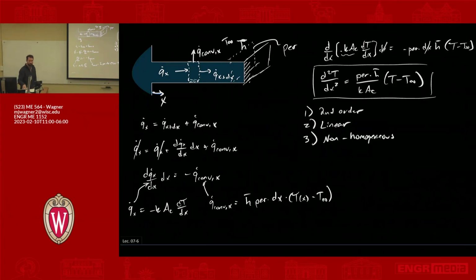All right, so the way that we're going to solve this is by breaking up the temperature into two parts. We're going to make this assumption, and you'll kind of see where this goes. I'm going to say that T is equal to a homogeneous T and something called a particular T. So again, T is still a function of x. We're assuming T_H is a function of x and T_P is a function of x.